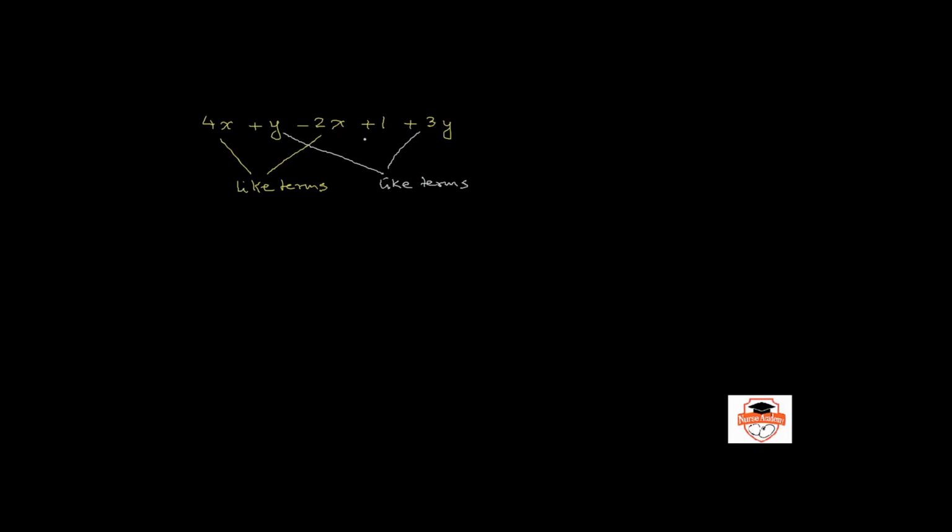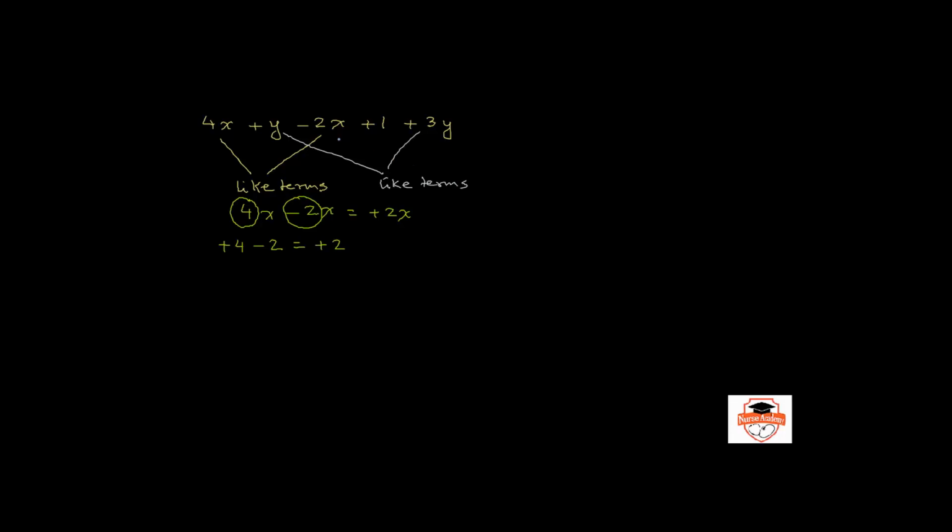Positive 1, of course, is the constant term. To simplify the expression, combine 4x with negative 2x by adding the coefficients, positive 4 and negative 2, which gives us a positive 2. Therefore, 4x minus 2x is positive 2x, or simply 2x.